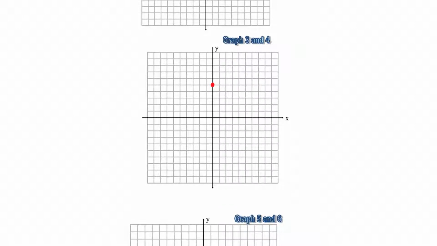Okay, so go up 1, 2, 3, 4, 5, put a dot right there. Then draw a horizontal line that goes right through that point. Okay, so what is the equation for that line?